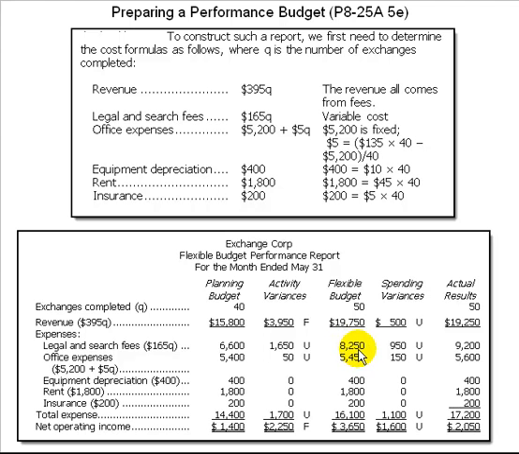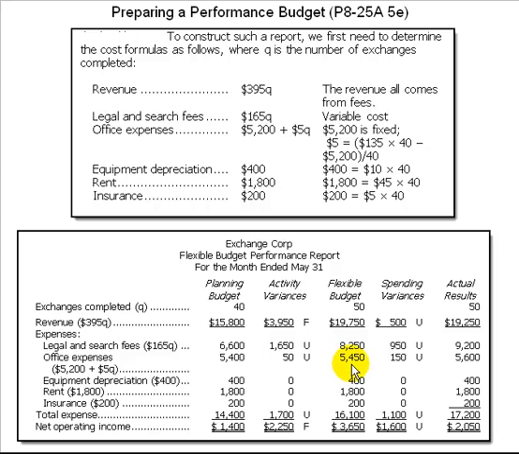So we have an activity variance, which is the difference between the 8,250 and 6,600, that was unfavorable to the tune of 1,650. These are expenses, and this number is higher than that, so it's unfavorable. We actually incurred 9,200, so 9,200 versus that flexible budget level says we were also unfavorable in terms of spending by $950.